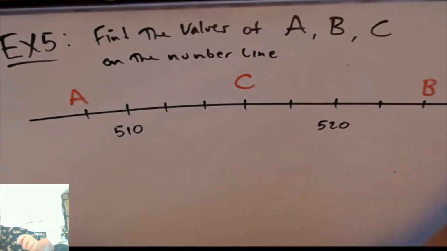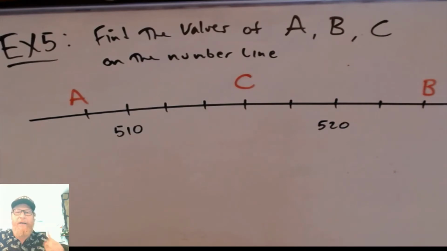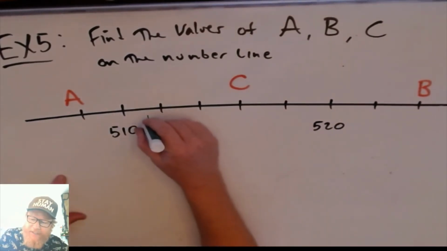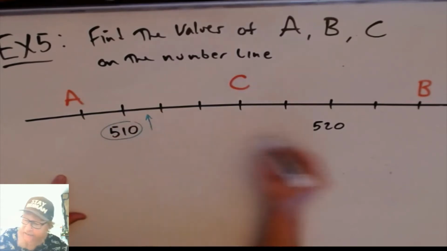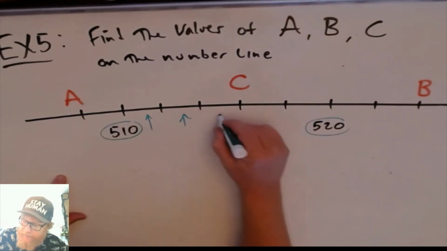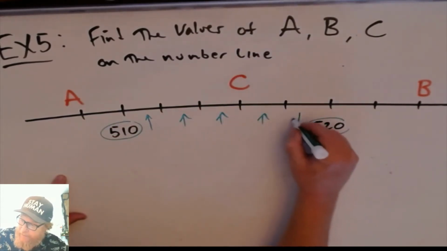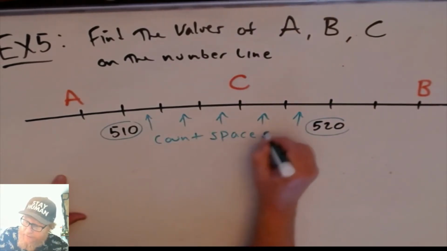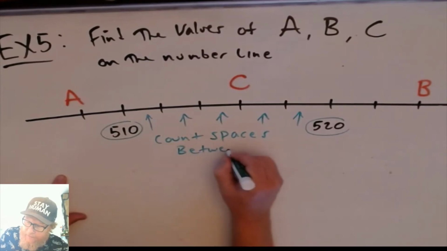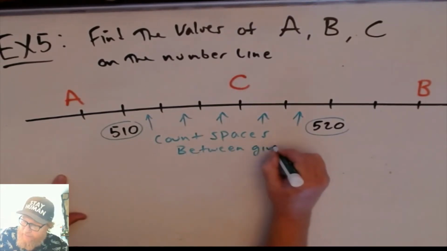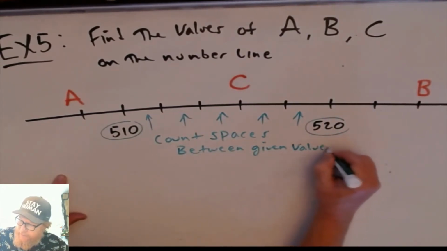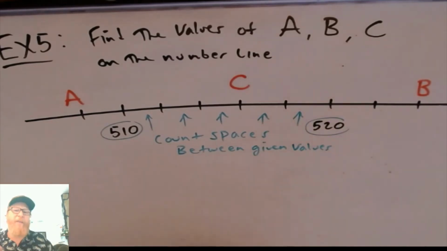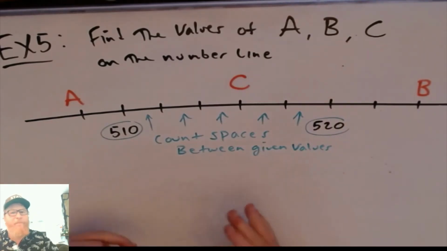Okay, so here's the recipe. The first thing you want to do is count the spaces between the given values. I typically will give you 2 of the values on the number line, but I won't give you more than 2.